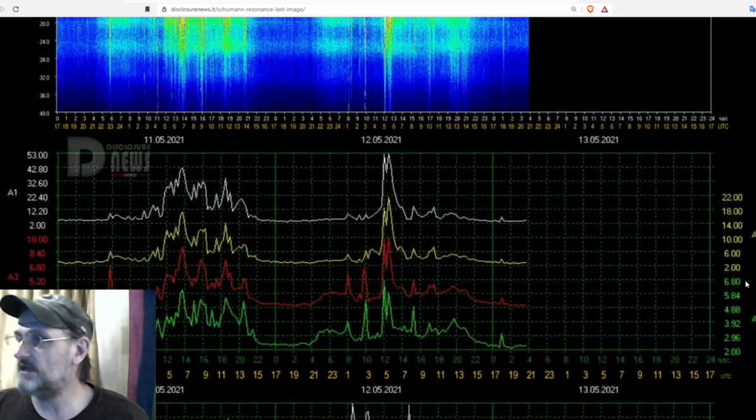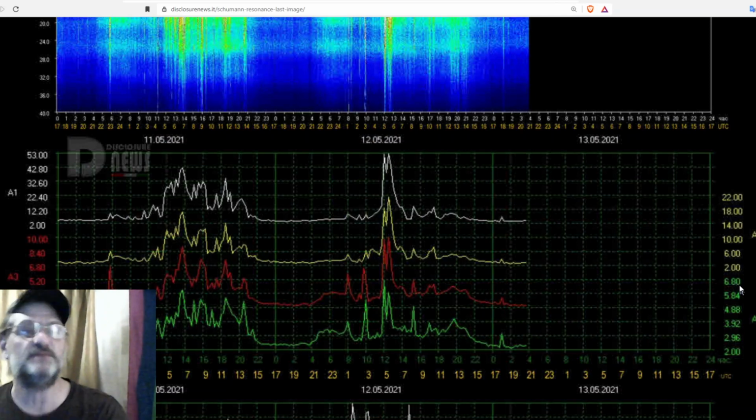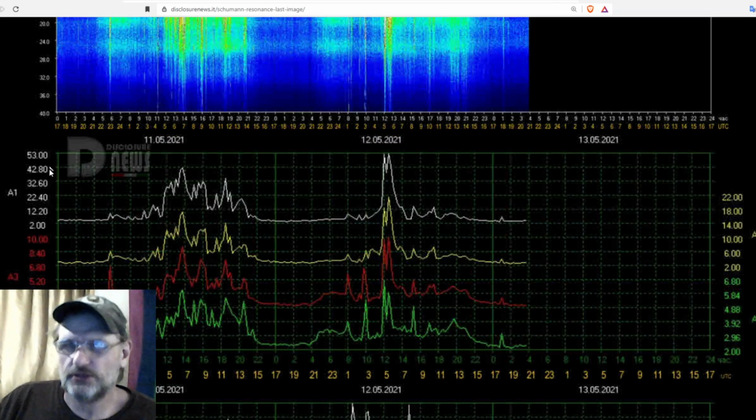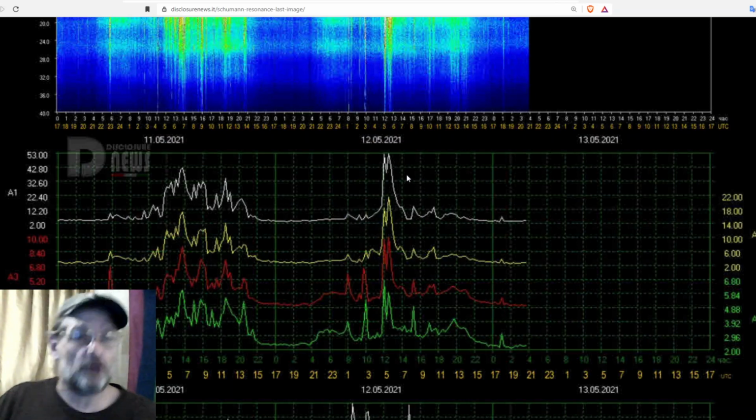If the height of this wave was 6 feet, instead of decibels, it was 6 feet, or 60 feet or 600 feet, then this is 2,200 feet, and this is 5,300 feet or kilometers high. If you could picture it that way, you'd say, oh, I see what you're talking about.